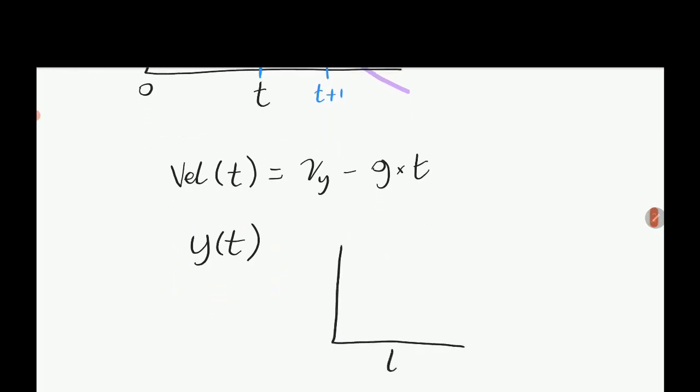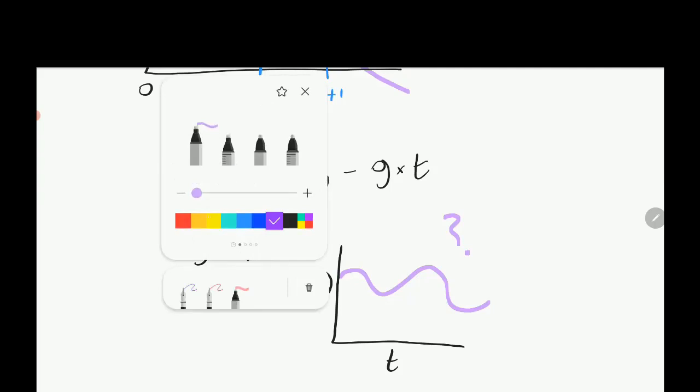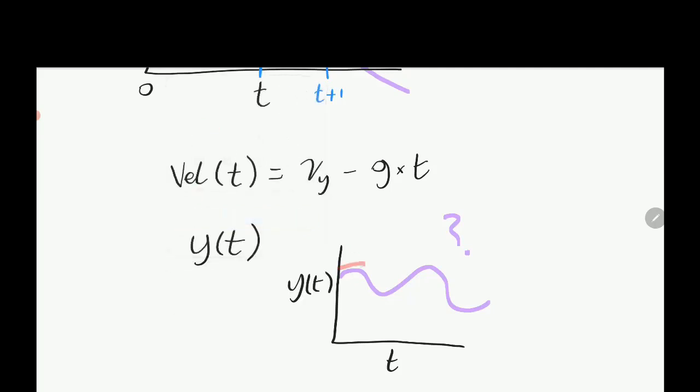So if we plot time and we plot y of t, then we know it's going to be some sort of mystery function. But we also know that if we differentiate this function of height with time, in other words, if we work out the gradient of this function as a function of time, so that's the slope, how much it goes up as we increase the time, then we know that that ought to have this particular form.